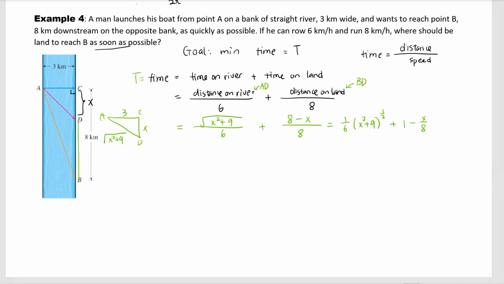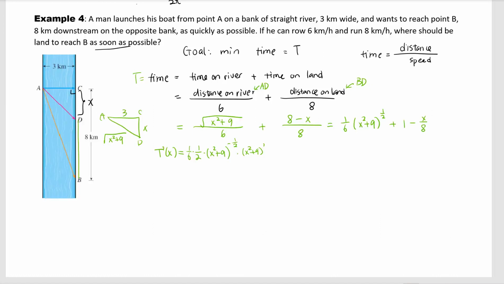So we are ready to take the derivative. t prime of x is then 1/6 times 1/2 times x squared plus 9. This is like the chain rule: u to the 1/2 has derivative u to the minus 1/2 times u prime. But what is u prime? It's this, 2x.